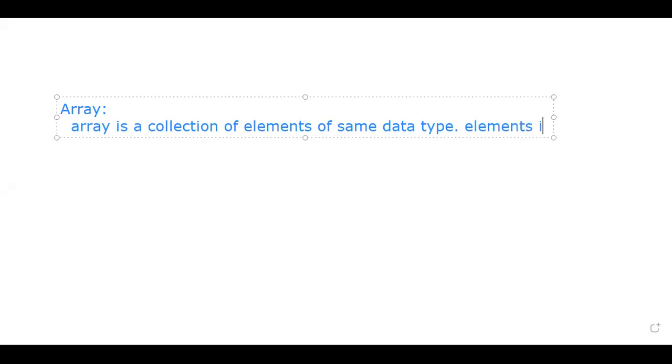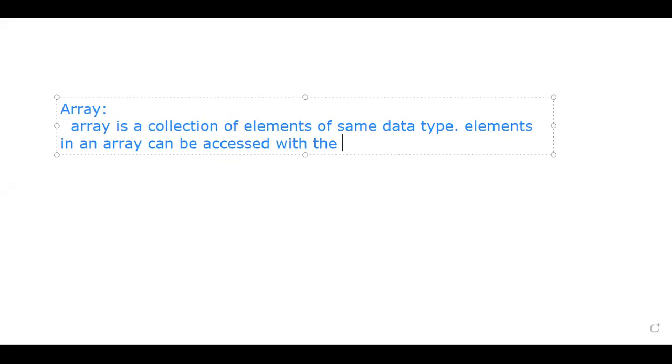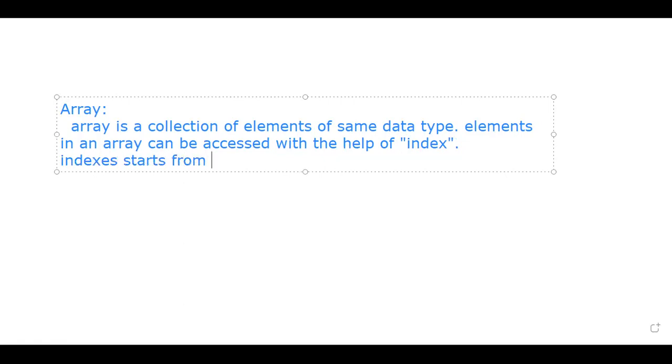Elements in an array can be accessed with the help of an index. Indexes start from 0 to n minus 1.